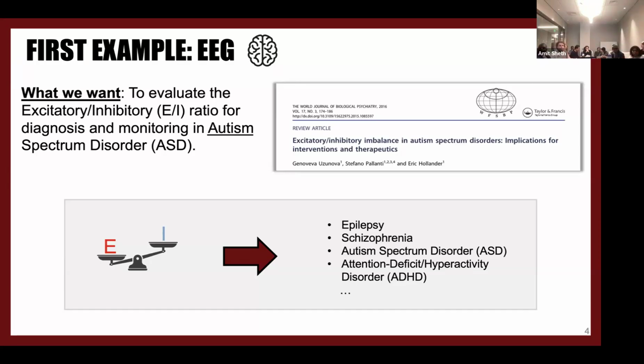So for that use case, I have EEG from people that have autism, some people that don't have autism. And I want to find a way to evaluate their EI ratio from EEG. I cannot measure it directly, that ratio, because that's associated to specific neurons. I cannot go in there and record specific neurons, right? So that's what we want.